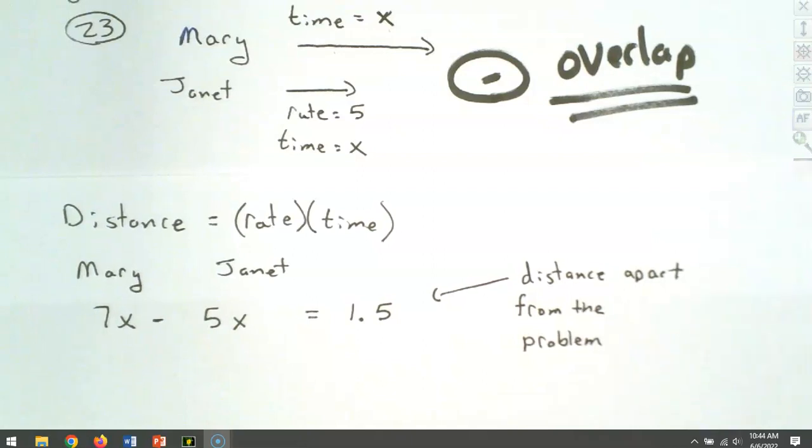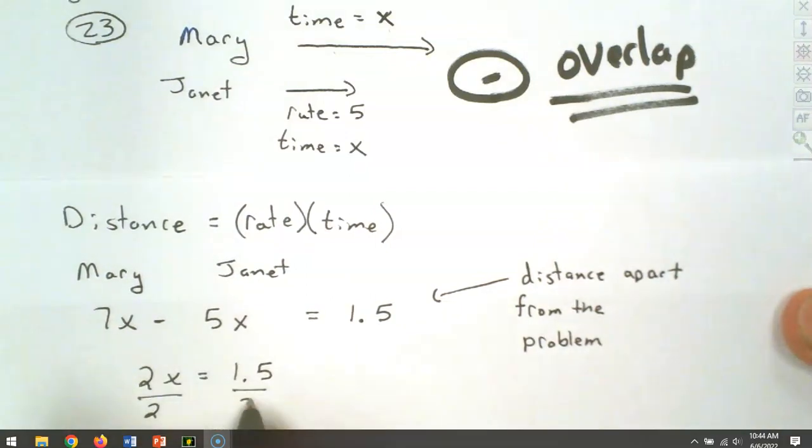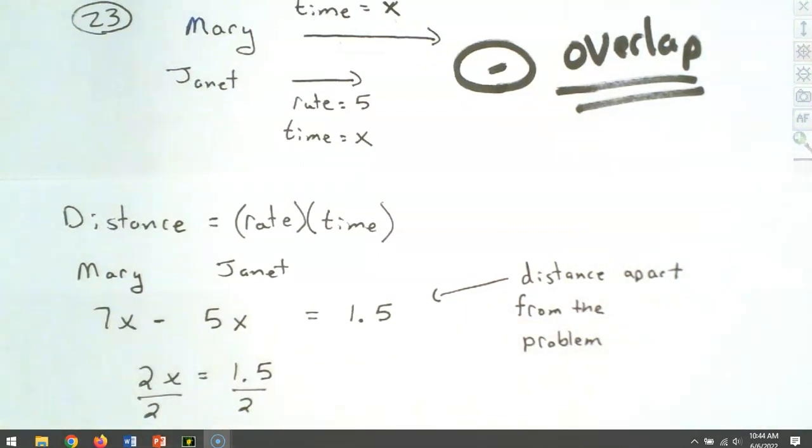Now we can easily solve this. 7 minus 5 is 2x. Divide by our 2. And that gives us x equaling 1.5 divided by 2, which is 0.75.